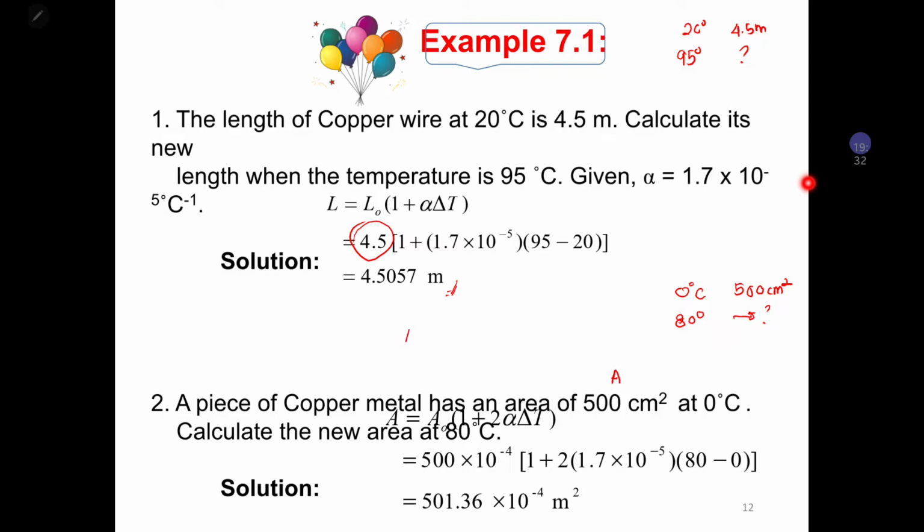You know that A is equal to A0 times (1 plus 2 alpha delta T). This one is given, and delta T is 80 minus 0, which is 80 degrees. So the new area is 501.36 times 10 to the power of negative 4 meter square.